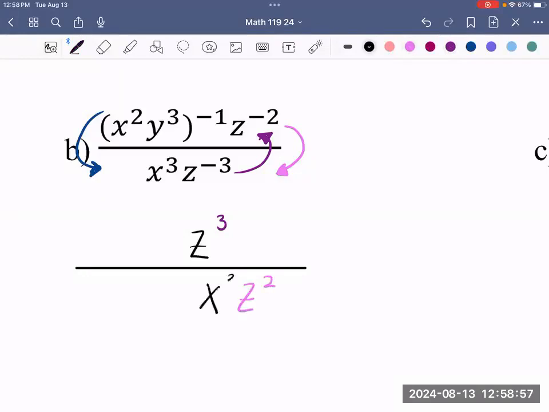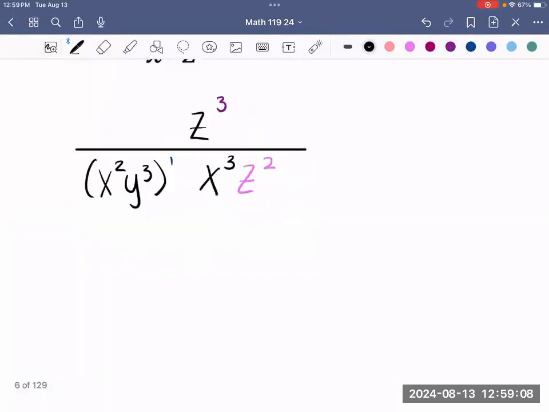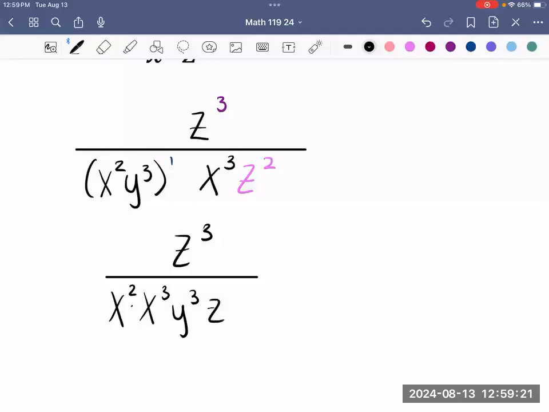We have x cubed remaining. Then we brought x squared, y cubed, and we now have a positive 1. So we still have z cubed. I'm going to just rewrite it without any parentheses and putting just variables next to each other where they would go. Y cubed and z squared.